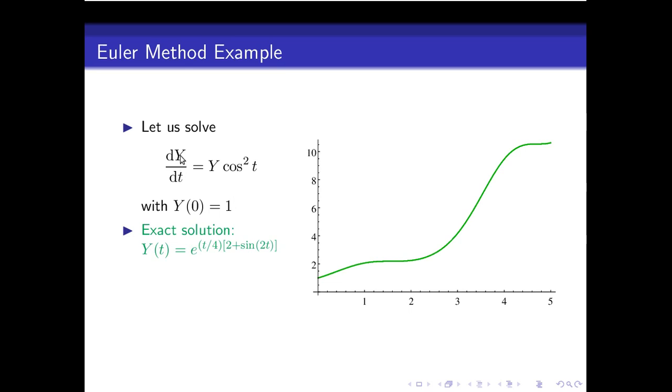You just move the y to the left, so dy by y equals cos squared t dt, and then you integrate. On the left hand side you will get a logarithm, and on the right hand side cos squared t becomes a function of cos 2t, and then there will be some constant, so that the exponential comes from this logarithm, and the solution is e to the power (t/4)(2 plus sin 2t).